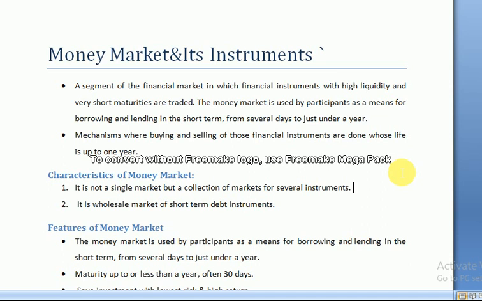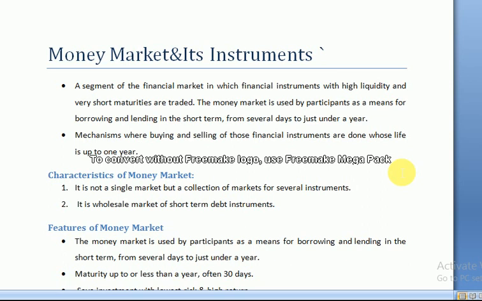Dear students, as I already discussed liquidity, money market instruments are liquid investments, which means they can be easily bought and sold at a stable price on the market price.